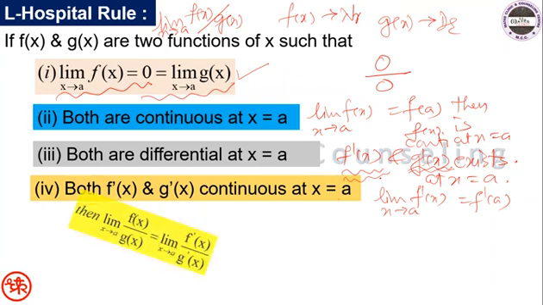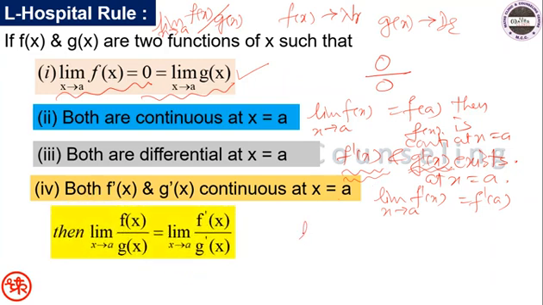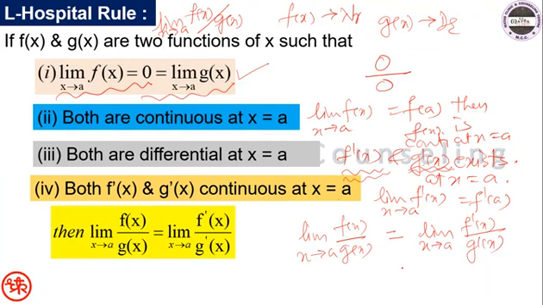So by L'Hospital rule, limit of f of x upon g of x as x tends to a is equal to limit as x tends to a of f dash of x upon g dash of x, provided limit of the denominator, that is g dash of x as x tends to a, is not equal to 0.